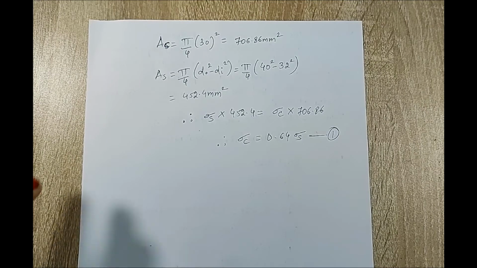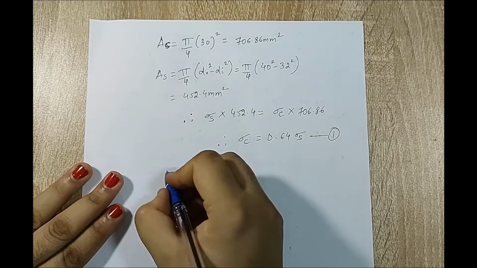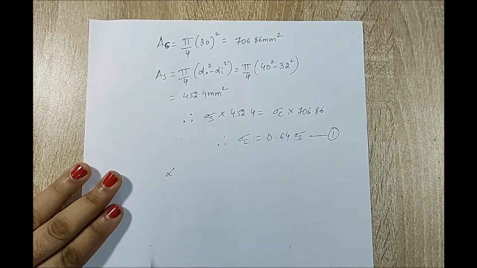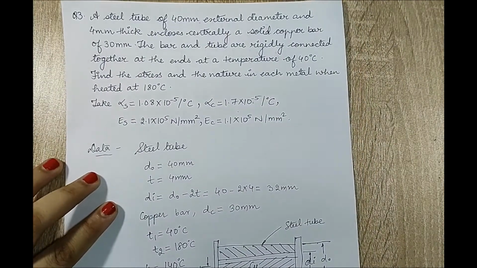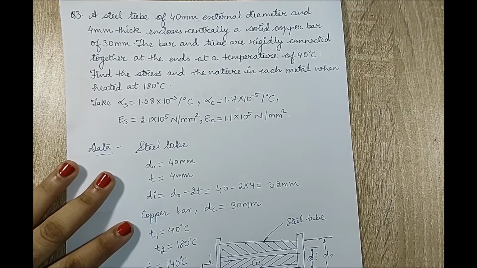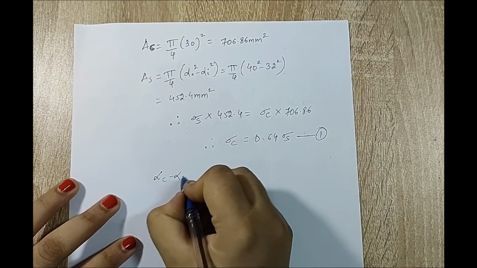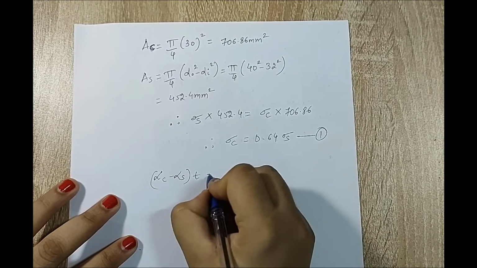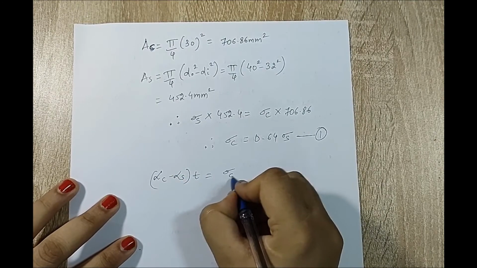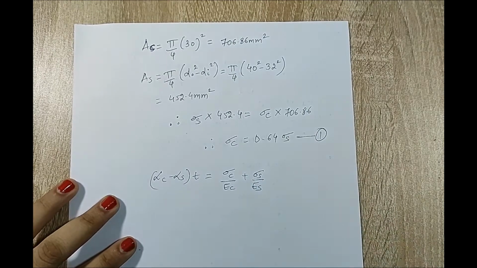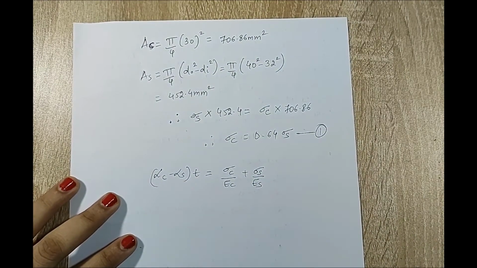Next I'll be using the equation which I have found out already, that is alpha 1 minus alpha 2 into delta T. Now if you observe here, instead of alpha 1, I'll use the higher value of alpha, so copper is more. So I'll write alpha C minus alpha S into delta T is equal to sigma C upon EC plus sigma S upon ES. Here it doesn't matter in which order you write because they are both positive.